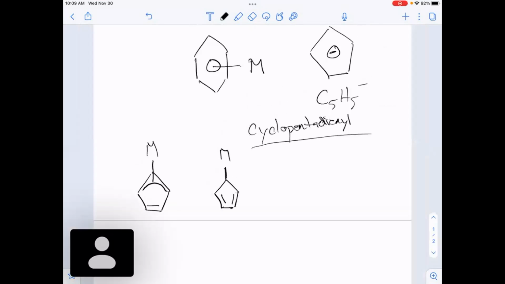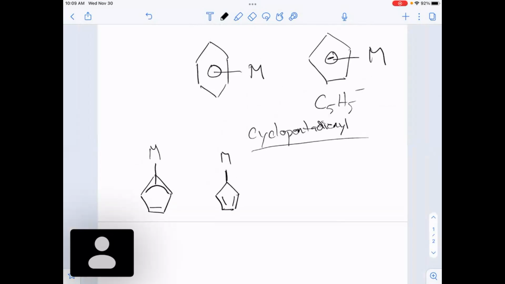So all 3 of these notations mean something different in terms of how the metal is interacting with that particular ligand, which means from a naming perspective, we have to be able to differentiate between those kinds of interactions. The terminology we use to indicate how many carbons of a system like this are interacting with the metal is something called hapticity.